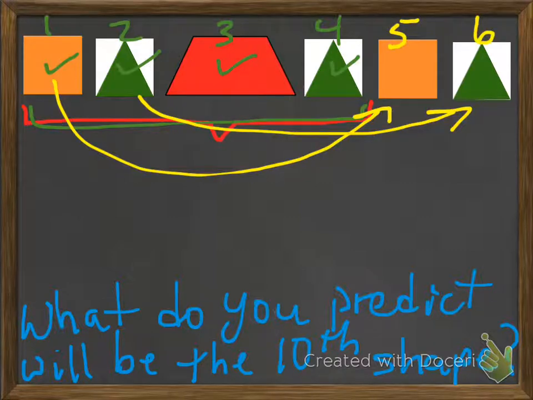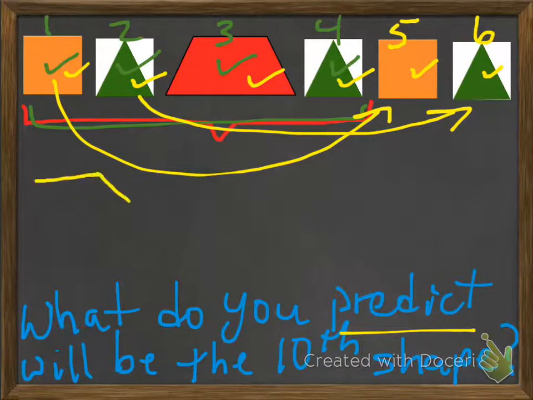So our question is, what do you predict will be the 10th shape? Well, that should be pretty easy since we already have it set up. We have 1, 2, 3, 4, and 5, and 6. So we go square, and then triangle, trapezoid, triangle, square, triangle. What would come next? Well, it would be the trapezoid.